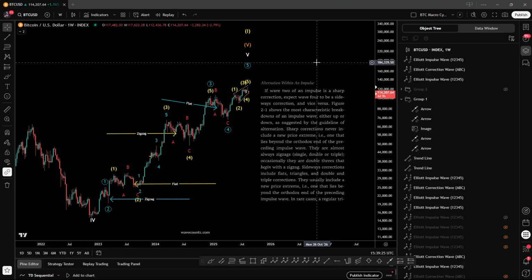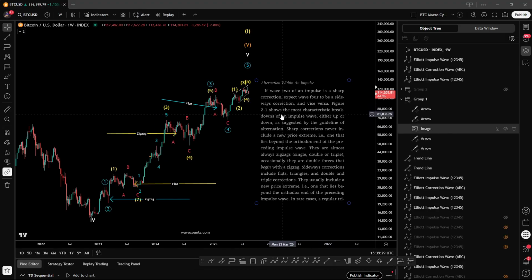So one of them will be sharp, and one of them will be sideways. I don't have the figure here, but it's essentially a stick figure of what that means, sharp and sideways. Now this is important too. Sharp corrections never include a new price extreme.